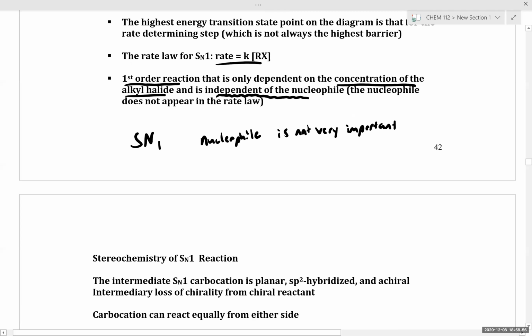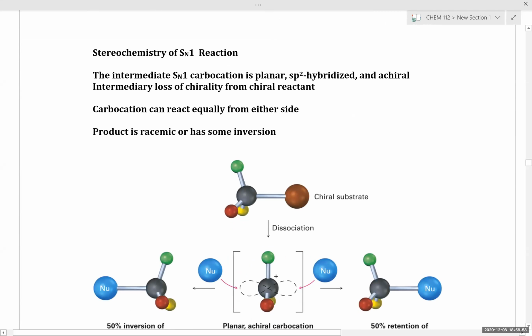Okay, so the stereochemical outcome for the SN1 reaction, there's not too much to say in this matter. The intermediate SN1 carbocation is planar and sp2 hybridized, and it's achiral. The carbocation can react equally from either side. I'm just going to put a little asterisk, barring substrate effects.